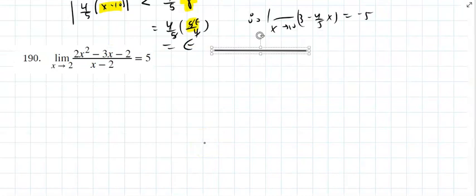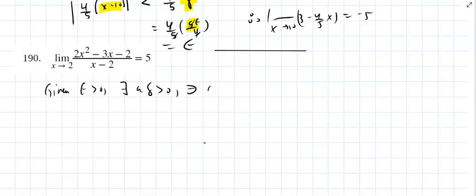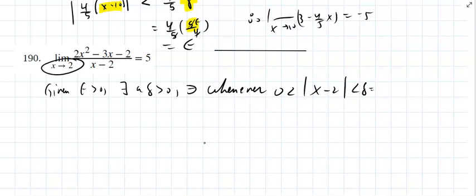We're going to take the limit as x approaches 2 and show it is proved. So we start with: given epsilon is bigger than 0, there exists a delta bigger than 0 such that whenever |x minus 2| is less than delta, we have the absolute value, and this is kind of a big mess.